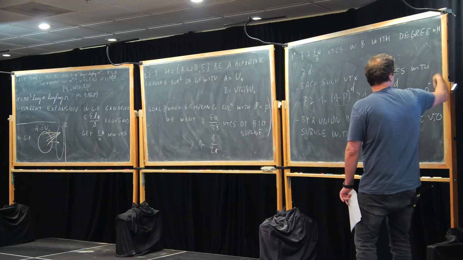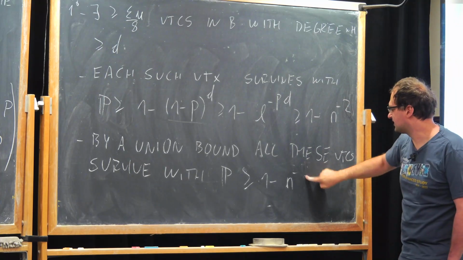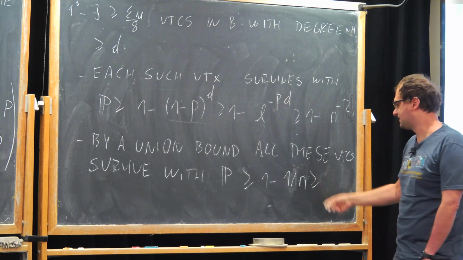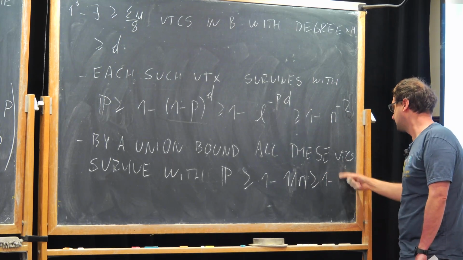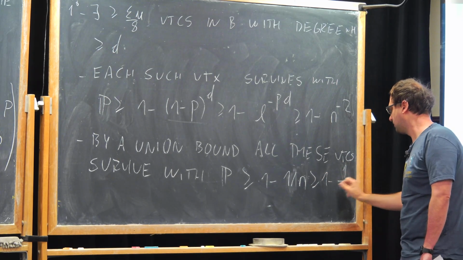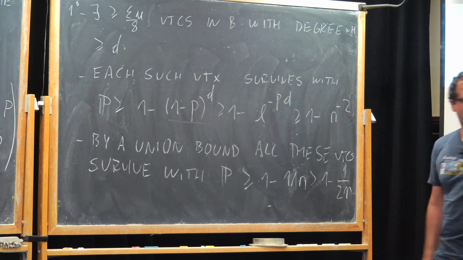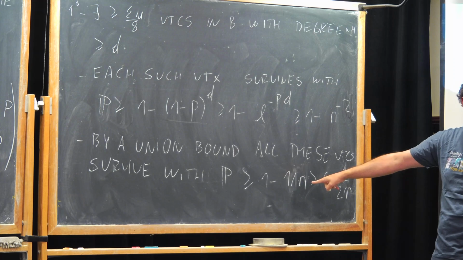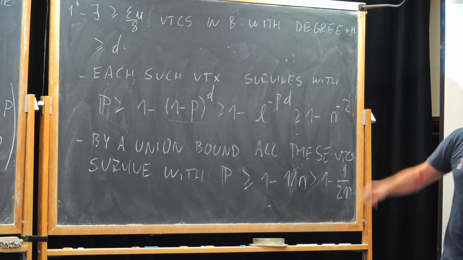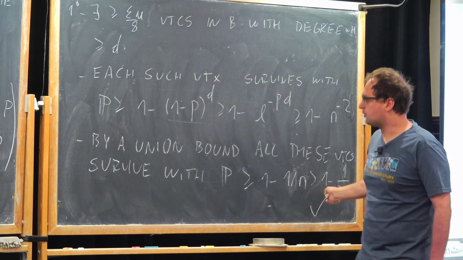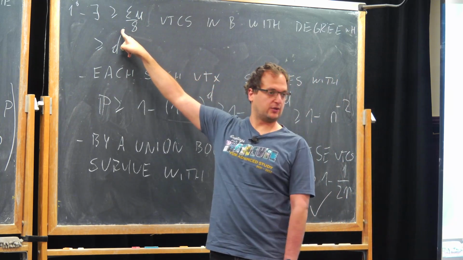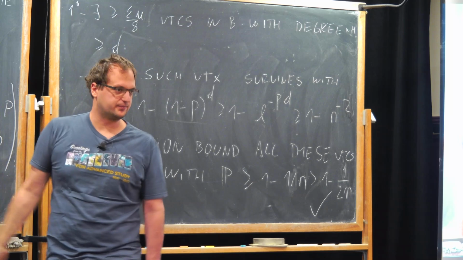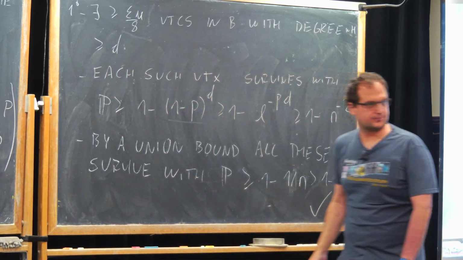So I guess 2 there was fine. And then you just get 1 over n. And then you say that this is at least 1 minus 1 over, what did we want? 1 over 2r. This is a log size thing, this is a polynomial size thing, so we're happy. So that gives us that in this case we're done, right? With that probability, all of these at least epsilon u over 8 vertices survived. So even more than what we have here. Make sense?